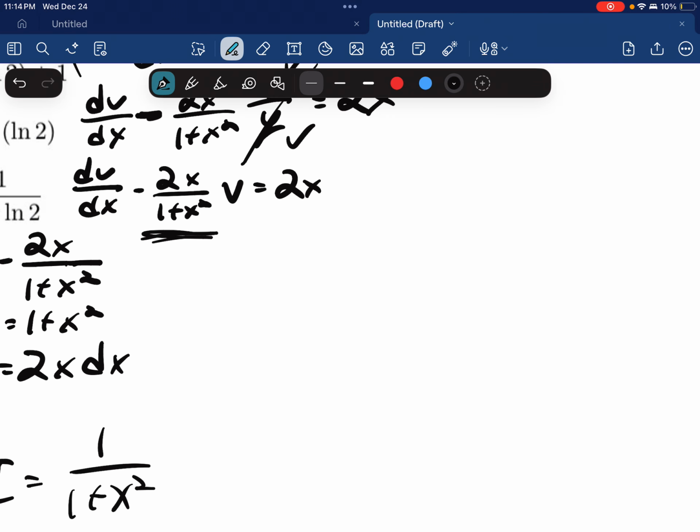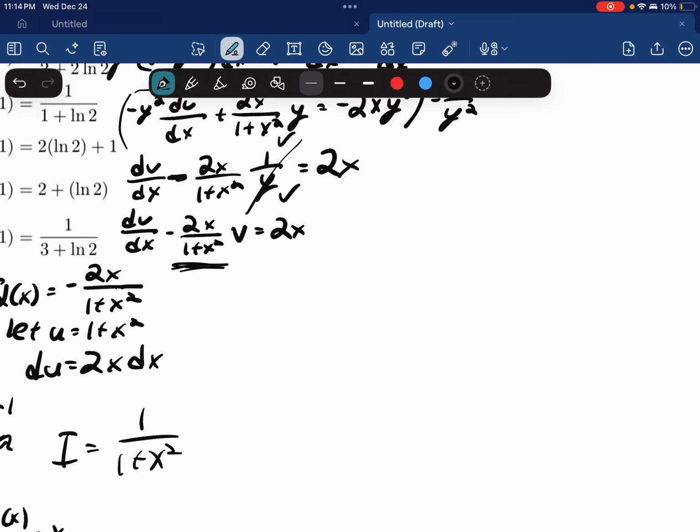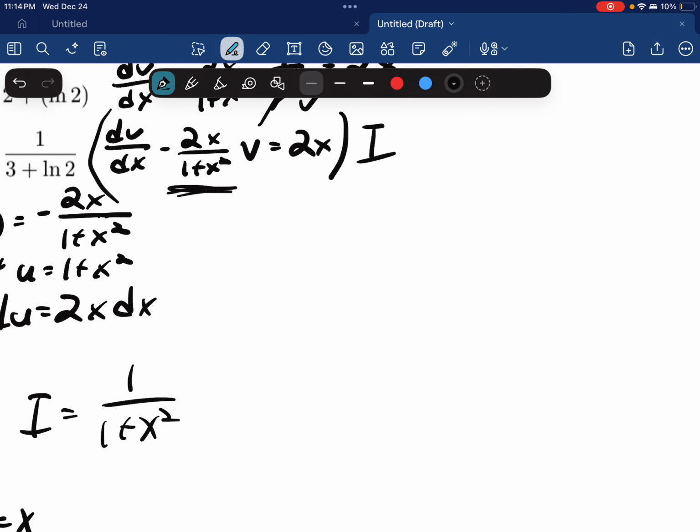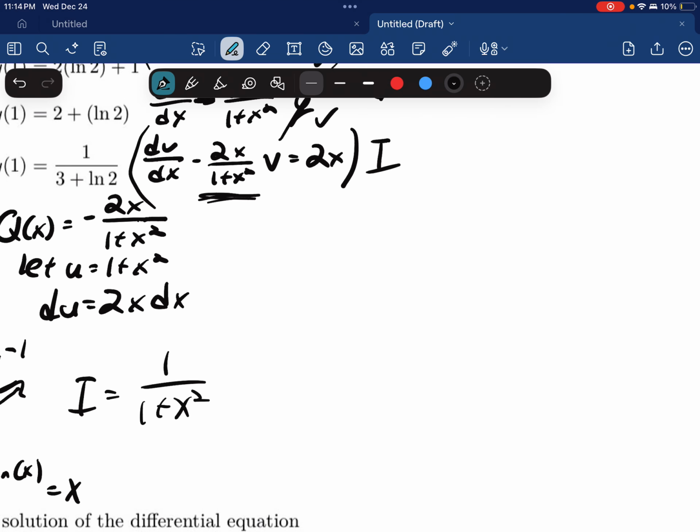Okay, cool. Now let's multiply this entire thing by I, because that's how you solve first-order linear differential equations. You find the integrating factor and then you multiply through. So let's do that. Our integrating factor is 1 over 1 plus x squared.